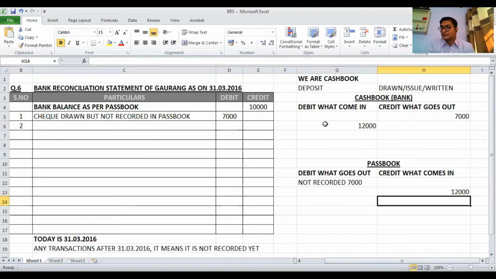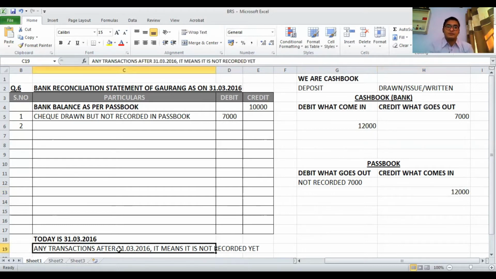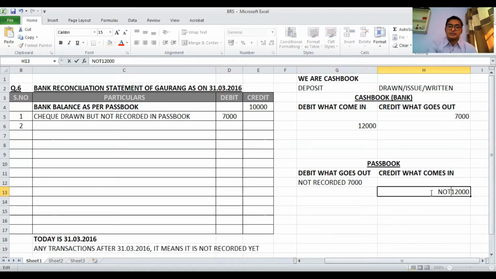Now which is credited by bank on 1/4/2016, means passbook has credited this check of 12,000 but the date is 1/4/2016, and any transactions after 31st March 2016 means it is not recorded yet.